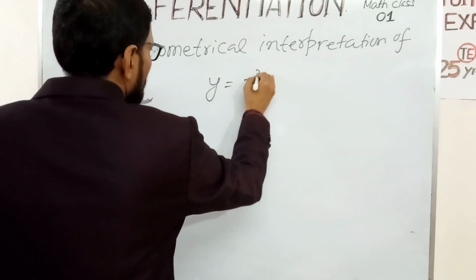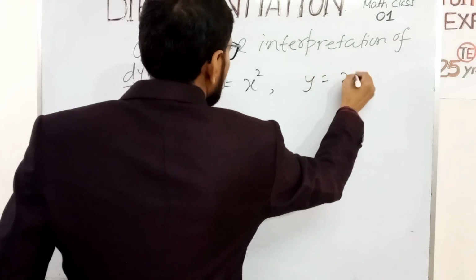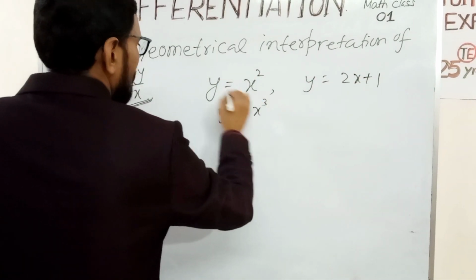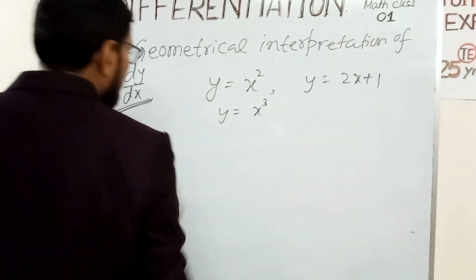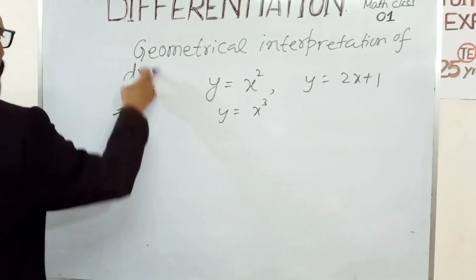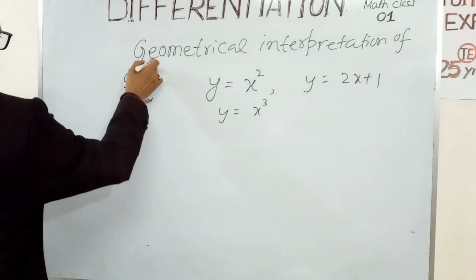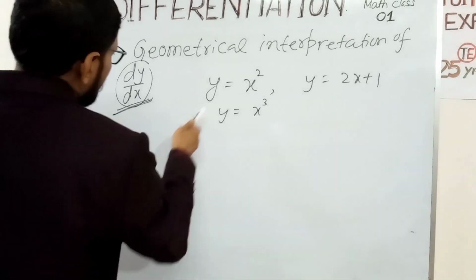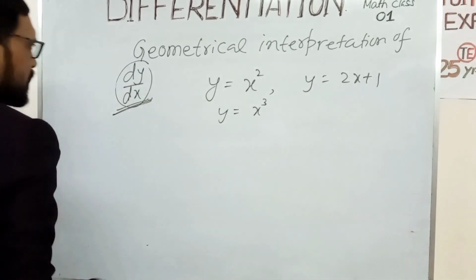Suppose y equals x square or y equals 2x plus 1 or y equals x cube, all of these represent a graph. Now what is the meaning of dy by dx in this graph? Now we will understand the meaning of dy by dx in the graph.